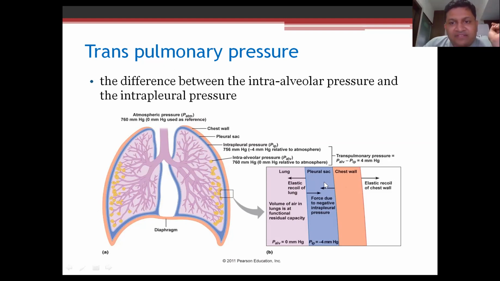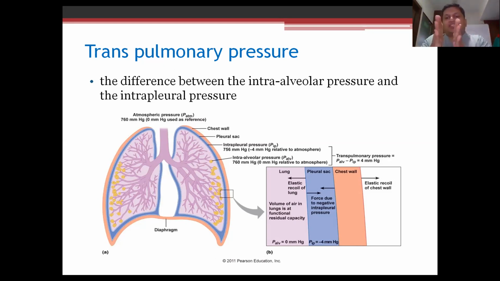The pleura has two layers. One is attached with our chest wall and diaphragm, which is the parietal, the external pleura, and another is our internal pleura, which covers our airway and the lung.